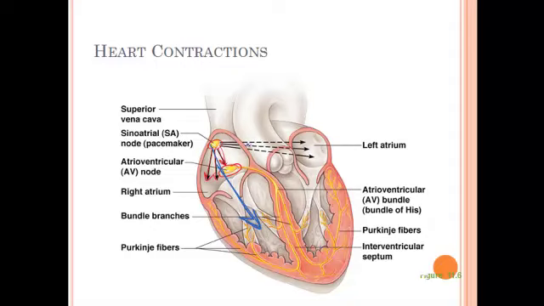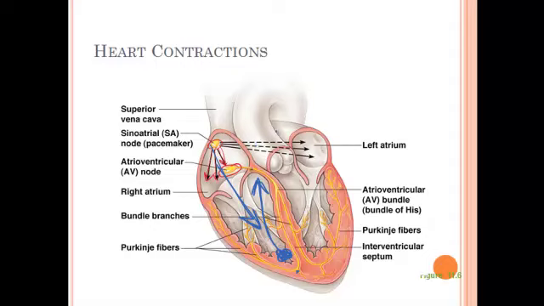But in the case of the ventricles, we now want the blood to go this way. So we want the contraction to start down here and move up in the ventricles. In order for that to happen, the signal has to start down here as opposed to up here.